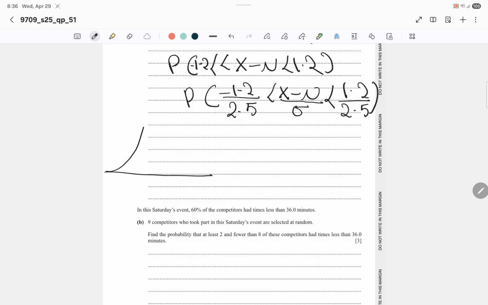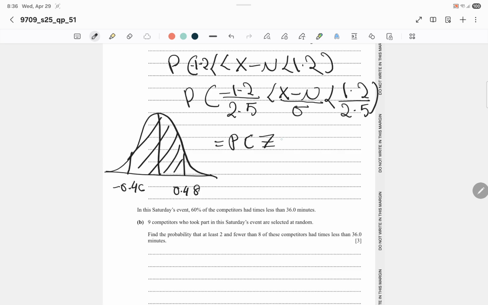Basically what I'm trying to say here is that since there's a curve here, and this is the mean, it can be either from here or here. These are the values for this, by the way. So we basically have to find the area for this, right? So how can we find the area of that? Well, we know minus 1.2 by 2.5 and 1.2 by 2.5. Okay, right. So this is the sigma, the given standard deviation.